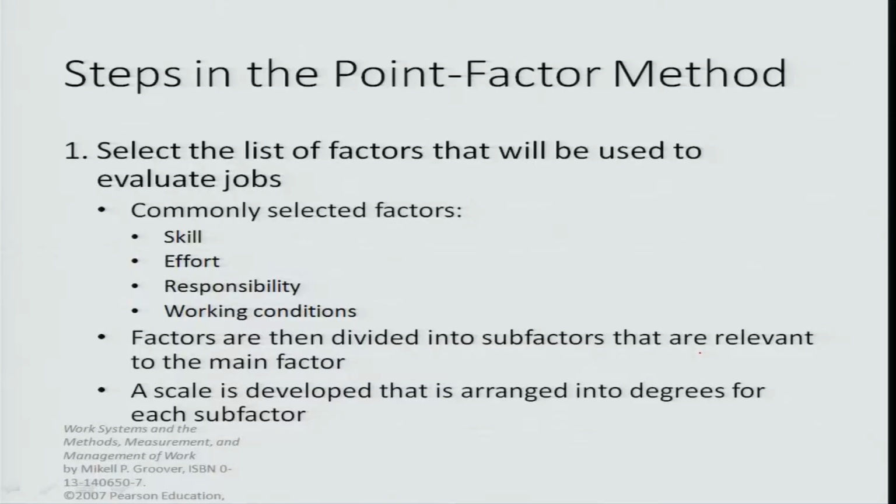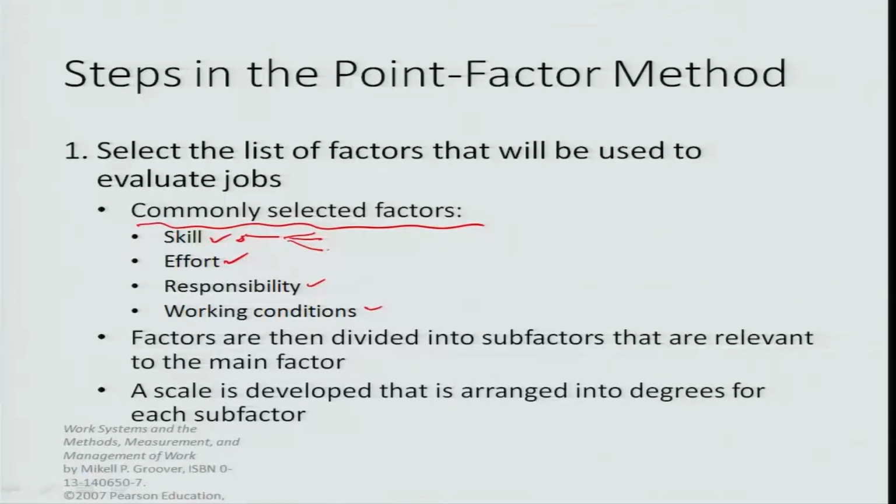In this, the selected common factors which are normally used to describe the jobs are fourfold. One is obviously skill, the amount of effort that is needed for a certain job, the amount of responsibility associated with the job, and then the working conditions. So these are the selected factors, and we evaluate every job in terms of certain degrees which we associate to these factors, and these could even be split further into sub factors.